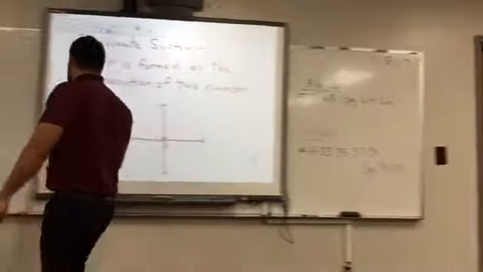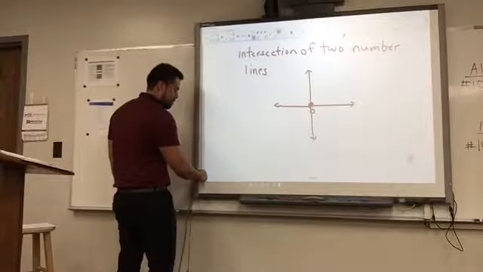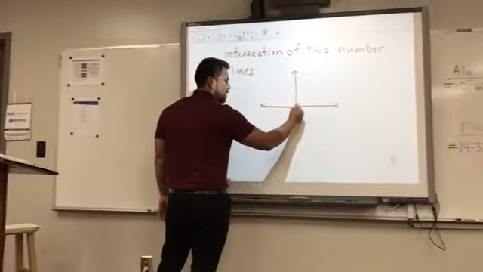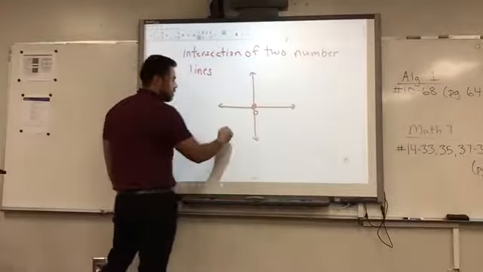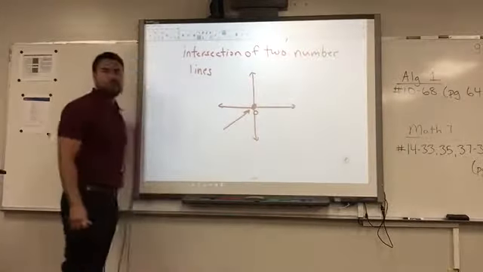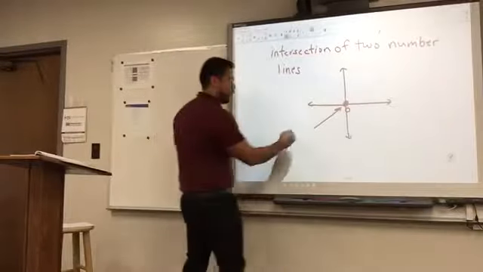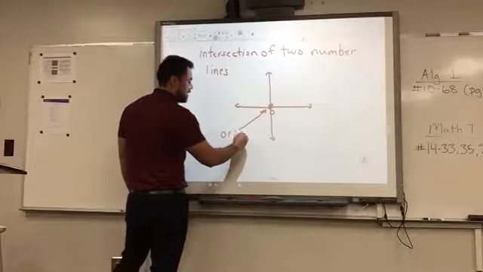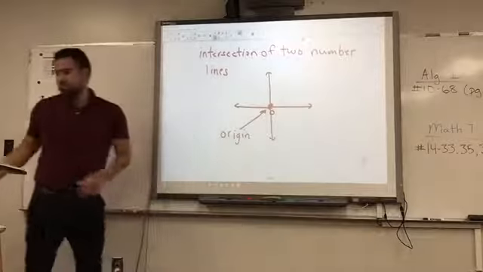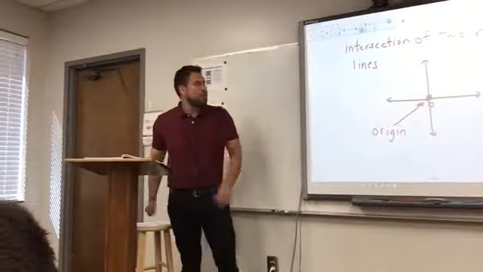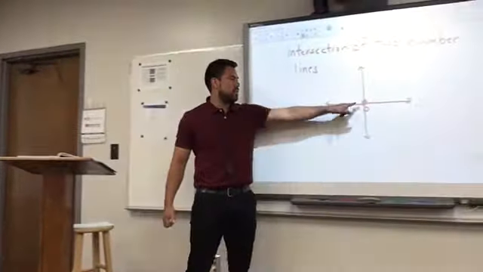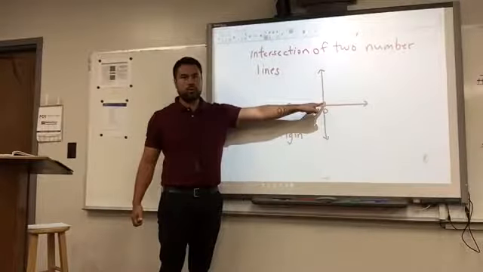Okay. Does anyone know what that point is called here? Middle point? Not middle point. Yep. It's called the origin. Origin. So go ahead and write that down. The origin. Okay? So that's right where they intersect, the origin.